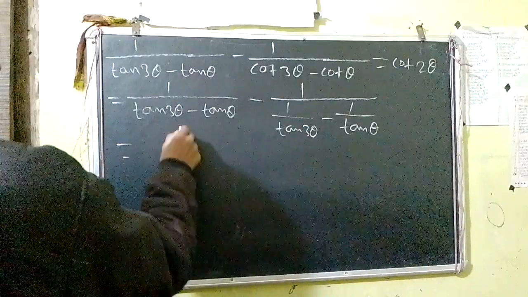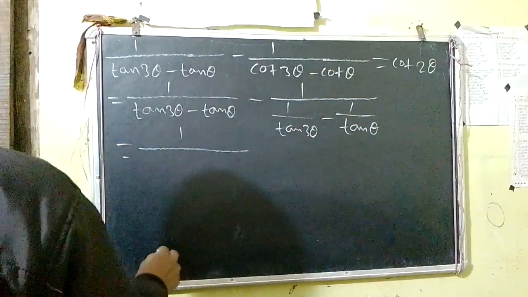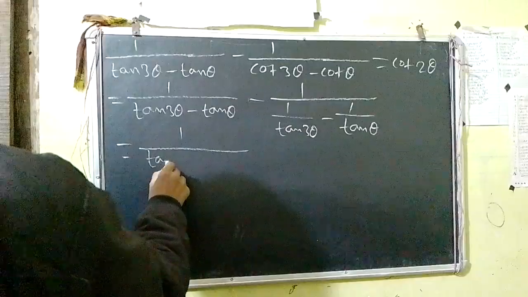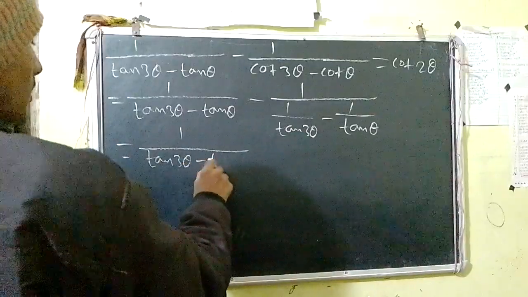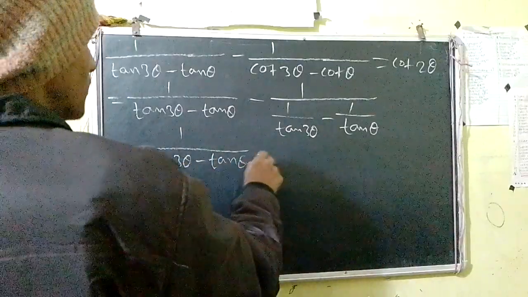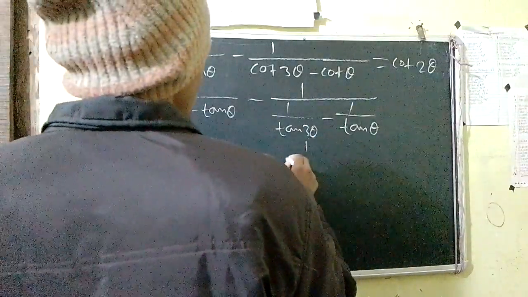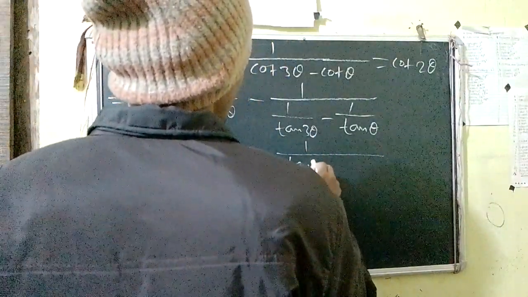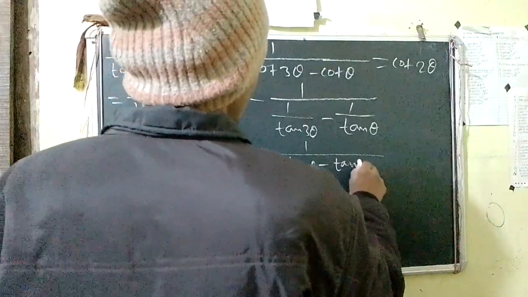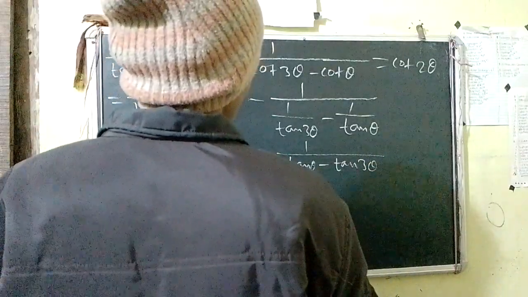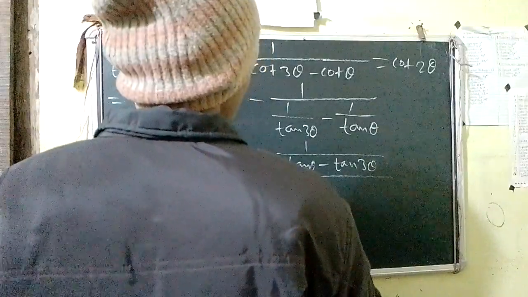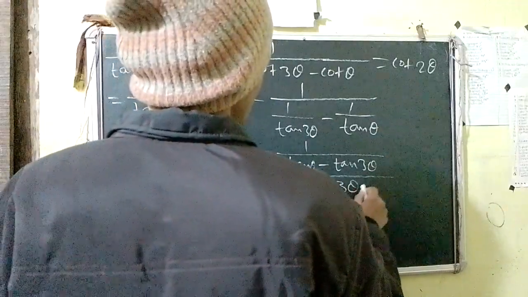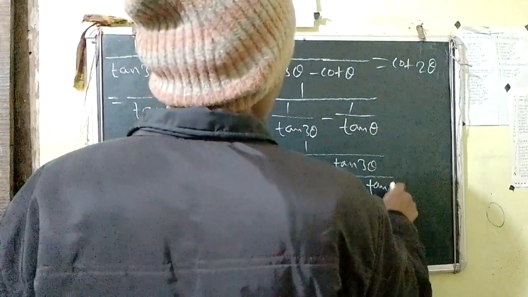Now this is going to be equal to 1 over tan 3 theta minus tan theta, minus 1 over, this is going to be tan theta minus tan 3 theta divided by tan 3 theta times tan theta.